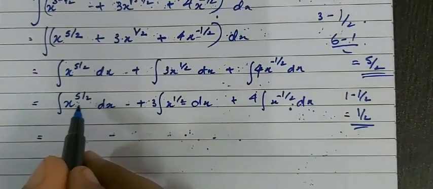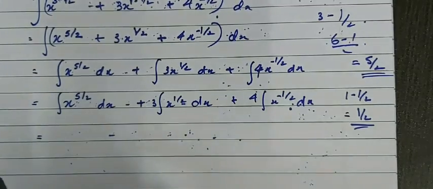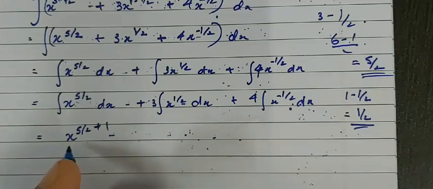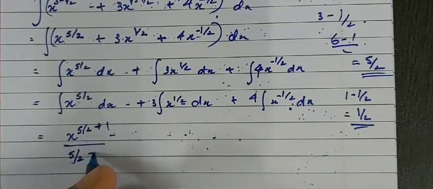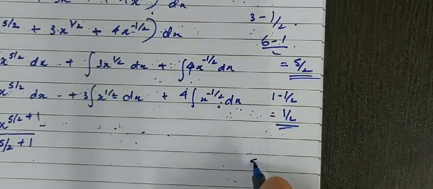Now we are integrating this x raised to 5 by 2. We take n as 5 by 2. So what will the answer be? x raised to 5 by 2 plus 1 by 5 by 2 plus 1. So what is 5 by 2 plus 1?